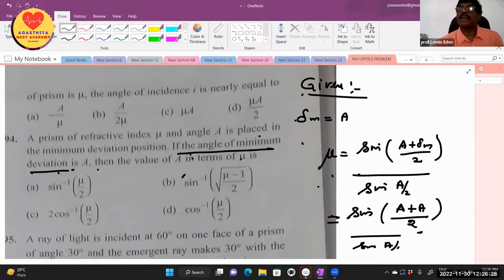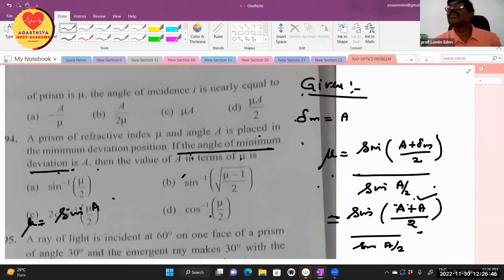Isn't it? So 2A divided by 2 gives sin A over sin A by 2. When you compare the answer, it is not similar to this one.